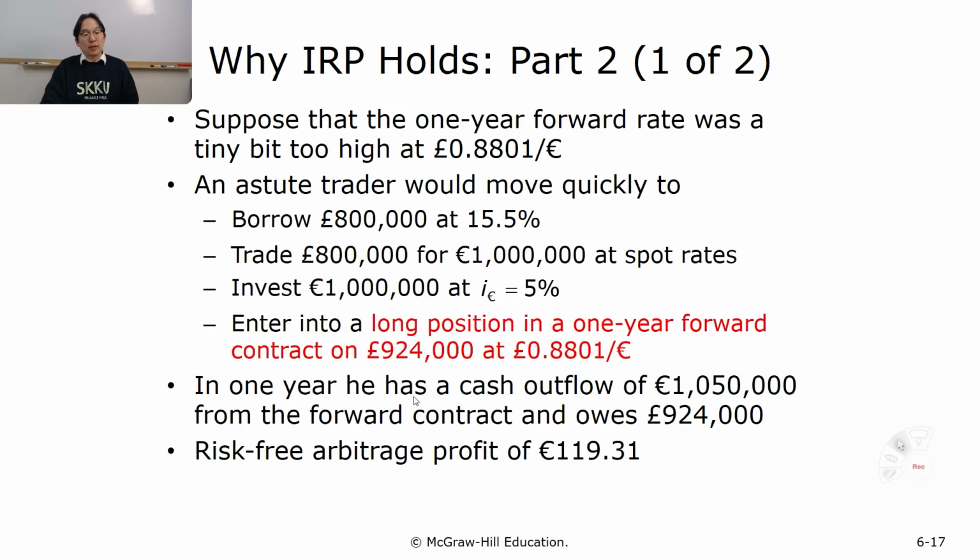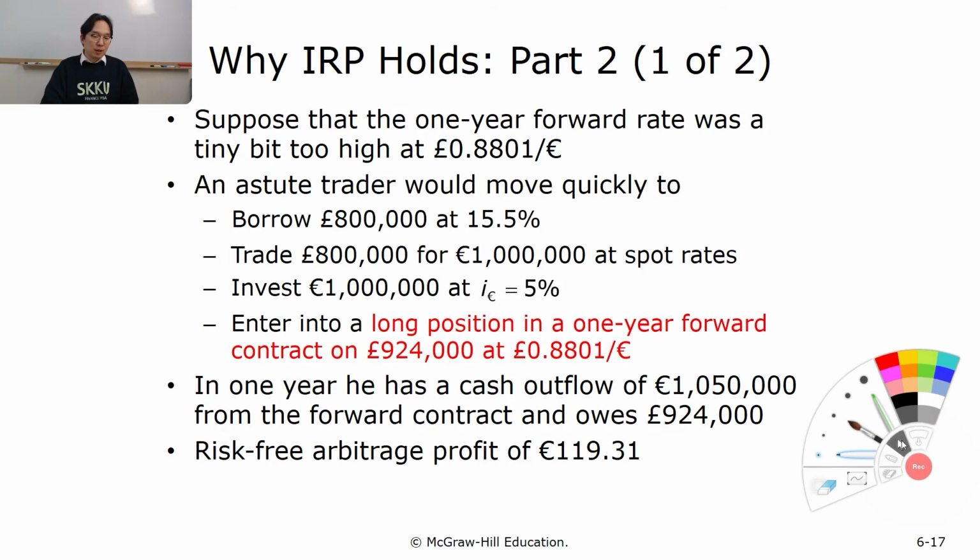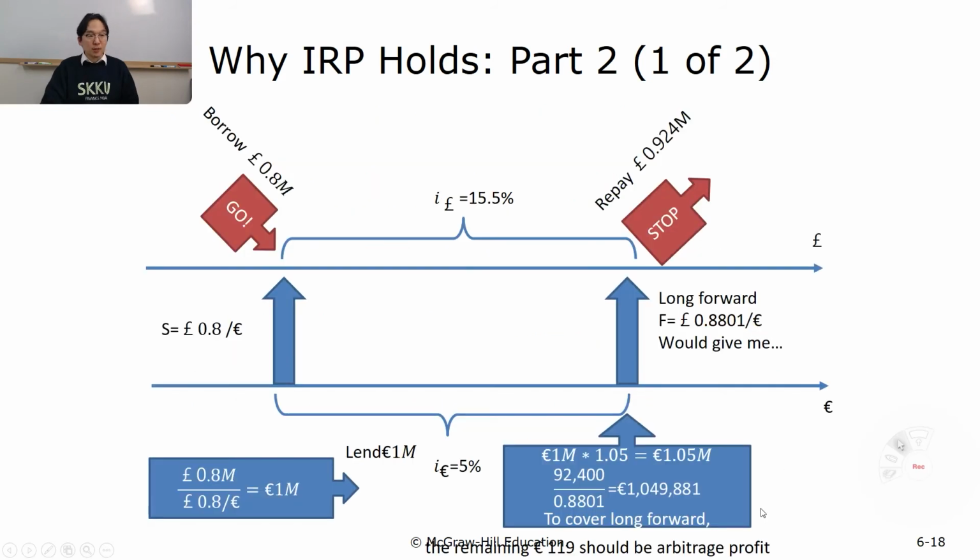In 1 year, he has a cash outflow of 1.05 million euros from the forward contract, and he owes 924,000 pounds. And then accordingly, he will get a risk-free arbitrage profit of an identical amount, 119.31 euros.